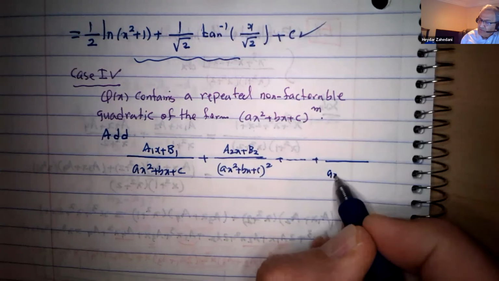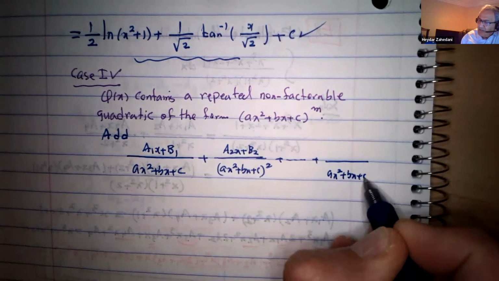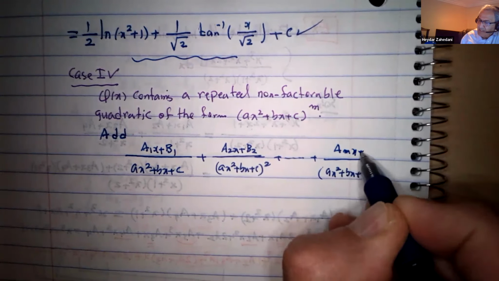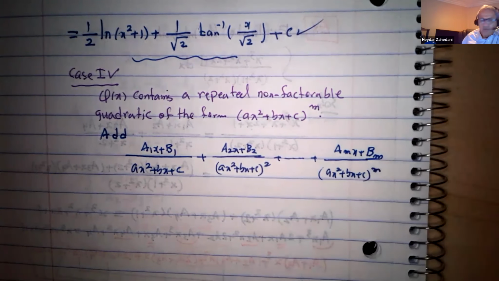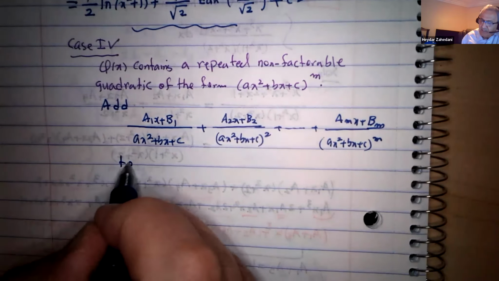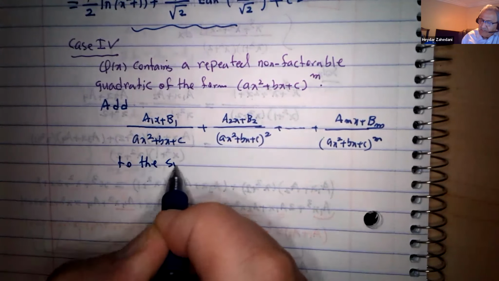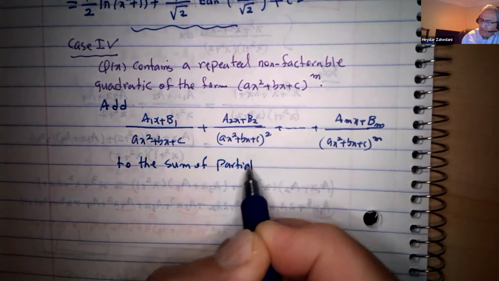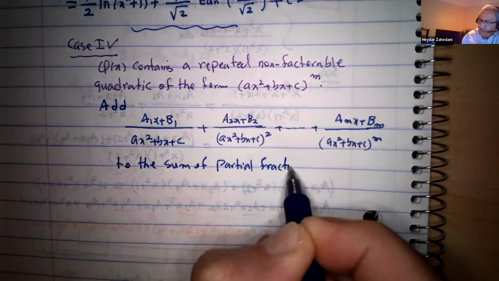If you like, it's going to be anx plus bn. So you're going to add this one to the sum of partial fractions of that Rx over Qx. Okay, you're going to do this one to be able to do it.